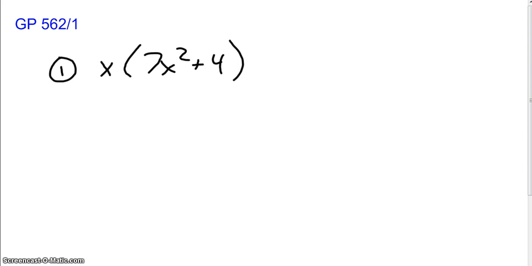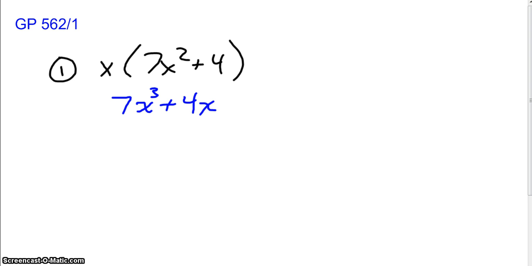Okay, so go ahead and try this, and we'll see if we agree on your answer. And when you get the answer, whatever your new expression is, can you identify it by number of terms and by degree, please? Okay, Archer, what do you have? I've got 7x cubed plus 4x. Good. And so identify this by degree and number of terms.